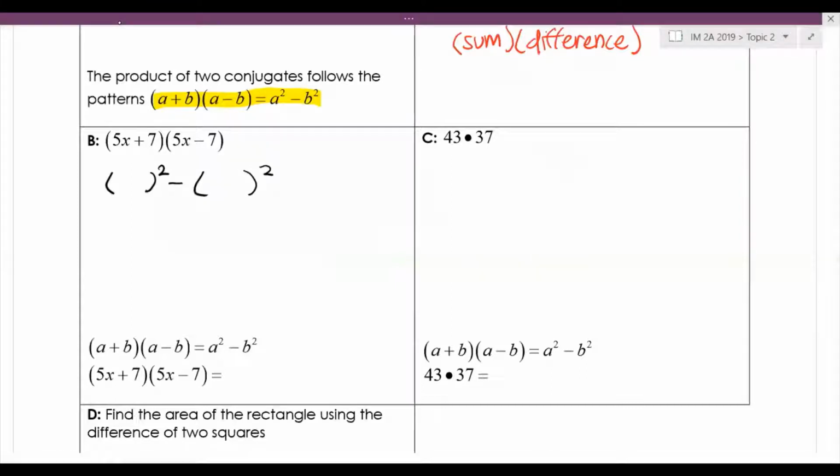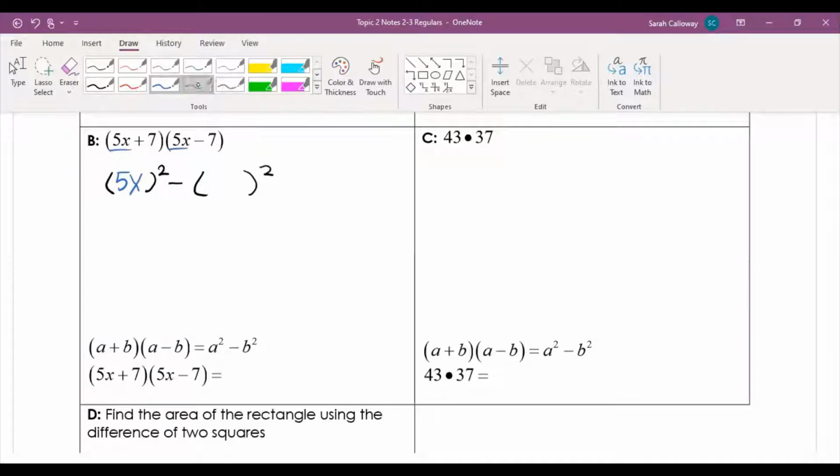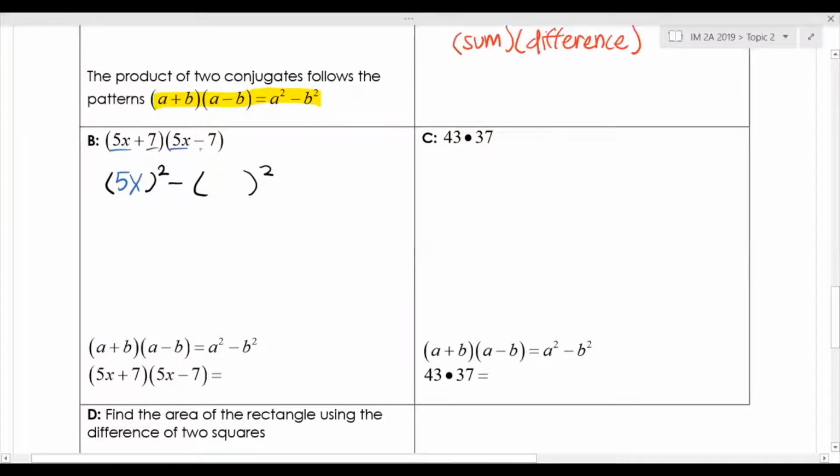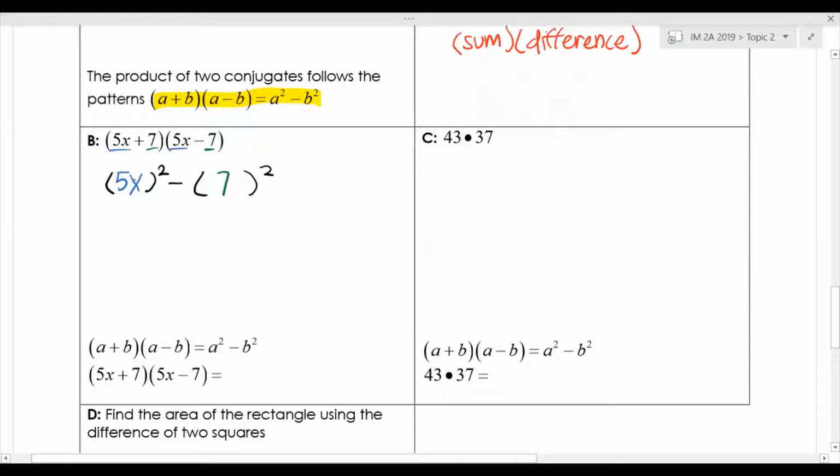Notice that the first term for both of these is 5x. So the first term in our answer is going to be 5x squared. The second term for both of these is 7, so the second square is going to be 7 squared. Recall that 5x squared is 5x times 5x, so that's going to be 25x squared.